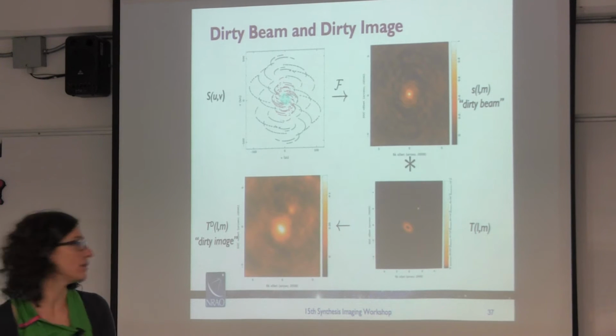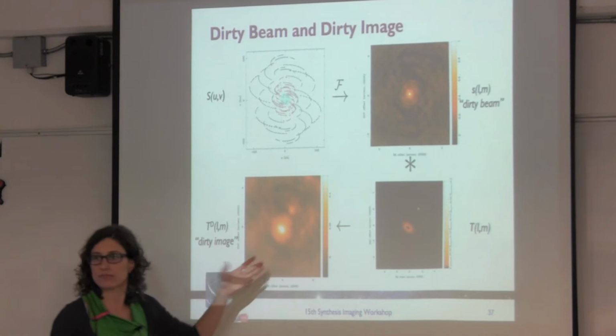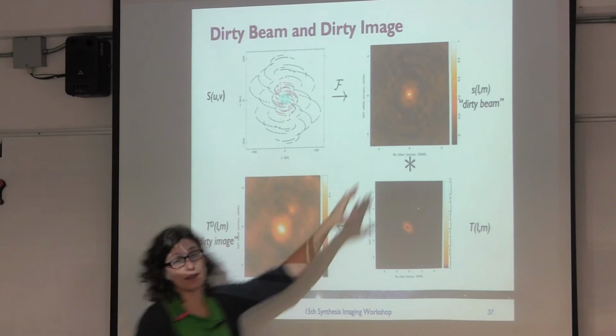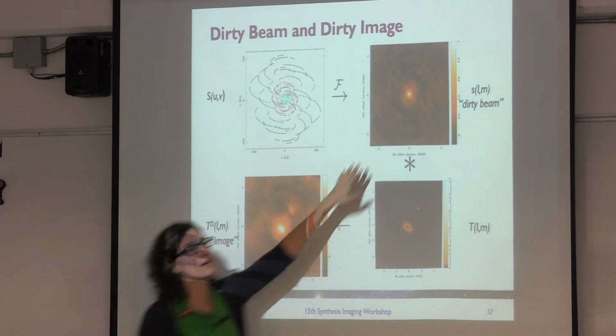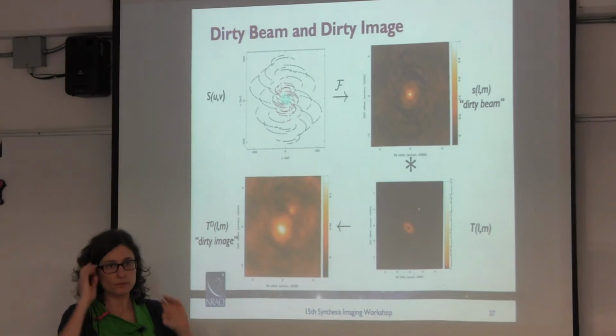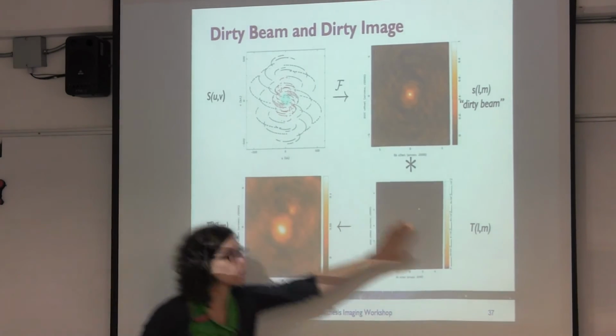And then you get a dirty image. That's what you get when you do the sampling. So the sampling of the array is this, but you are observing this.